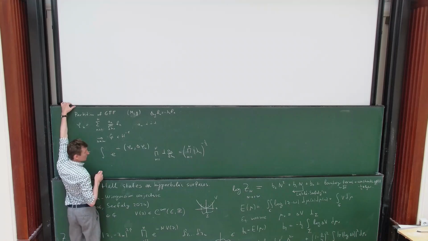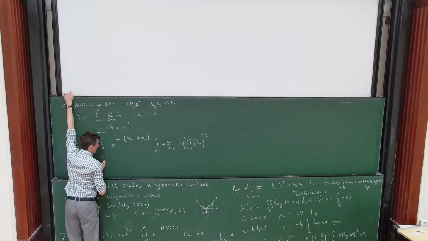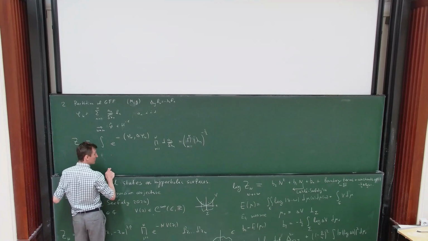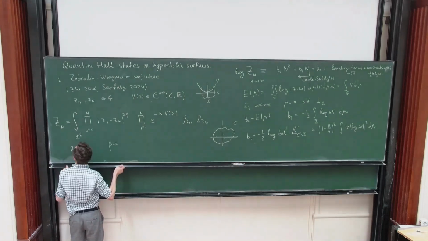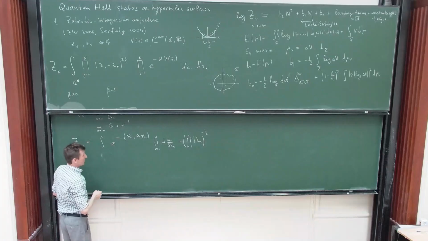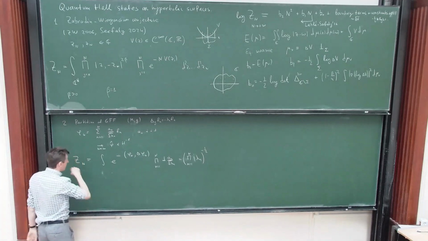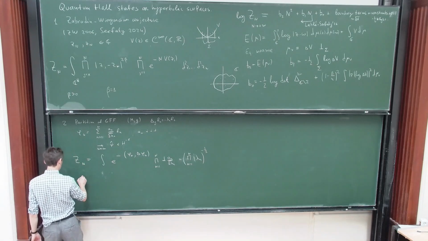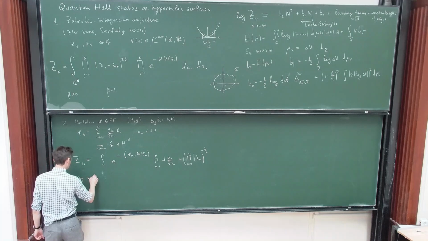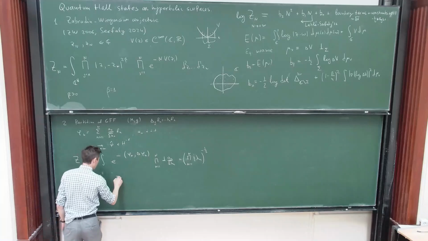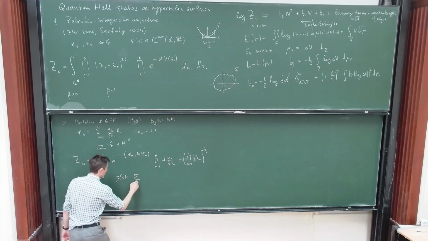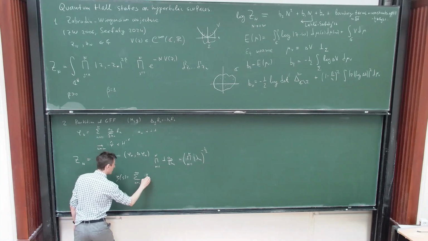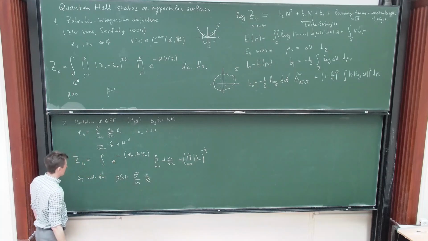In more rigorous terms, you make a spectral zeta function. The spectral zeta function is the sum from 1 to infinity of lambda_n to the power minus s.